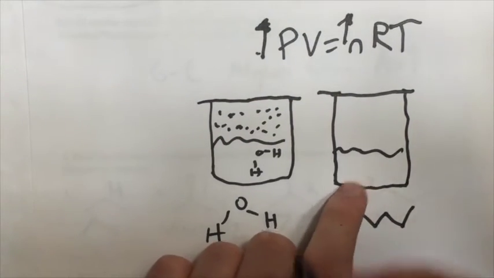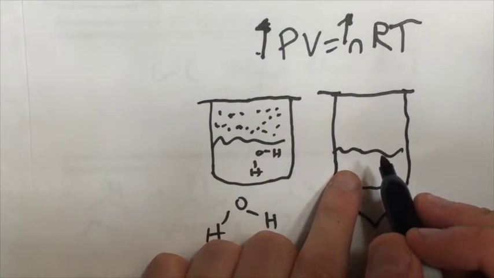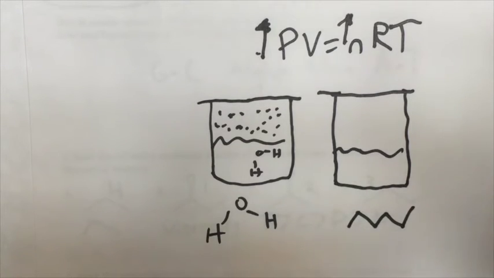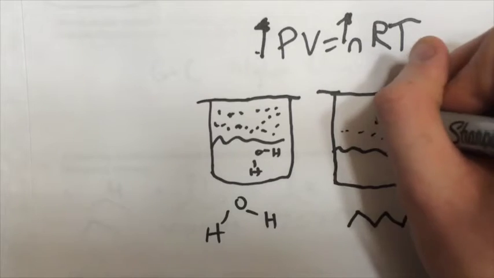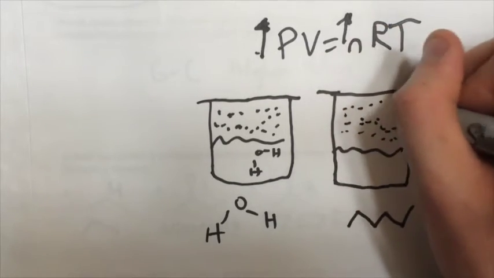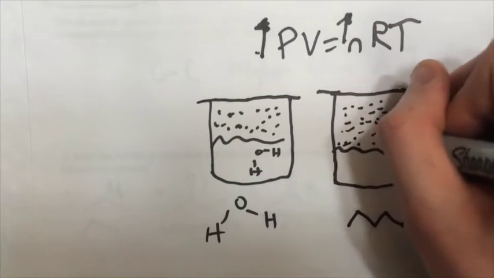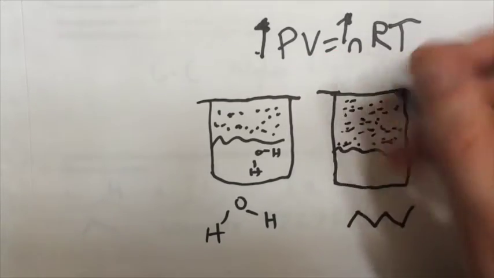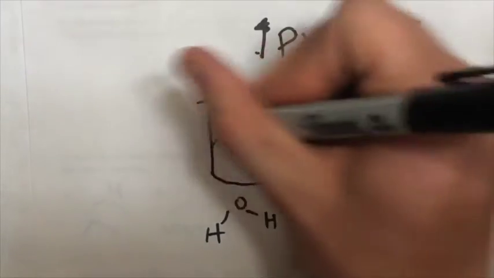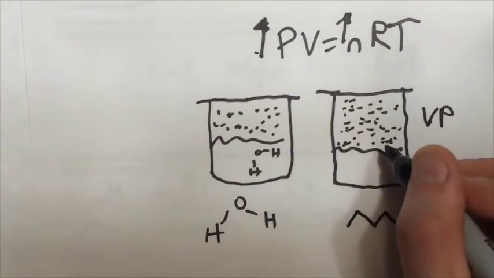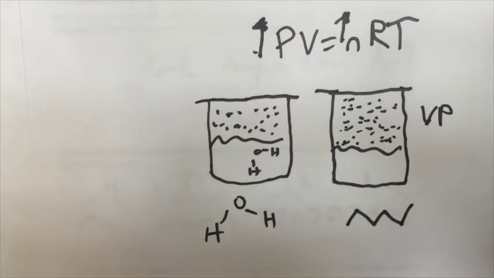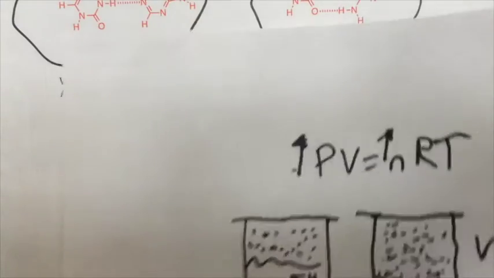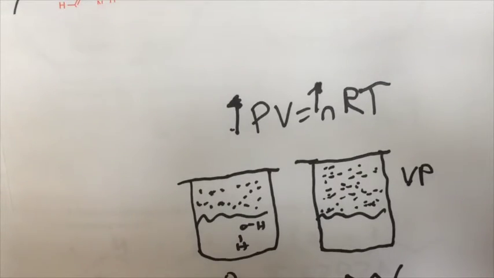So because of that, these hexane molecules can escape more easily from the liquid and become a gas. And so you will have more gas molecules that exist in the hexane. And because of that, this vapor pressure will be higher in the hexane beaker than it is in the water.